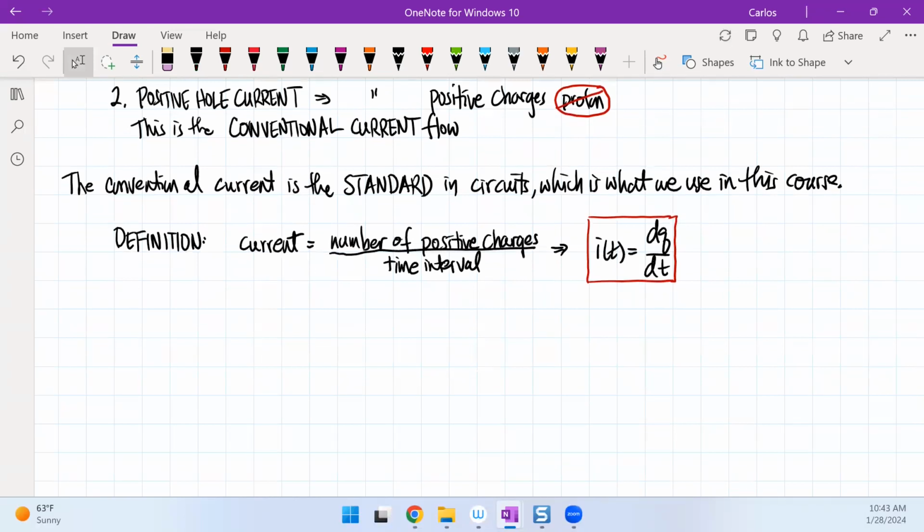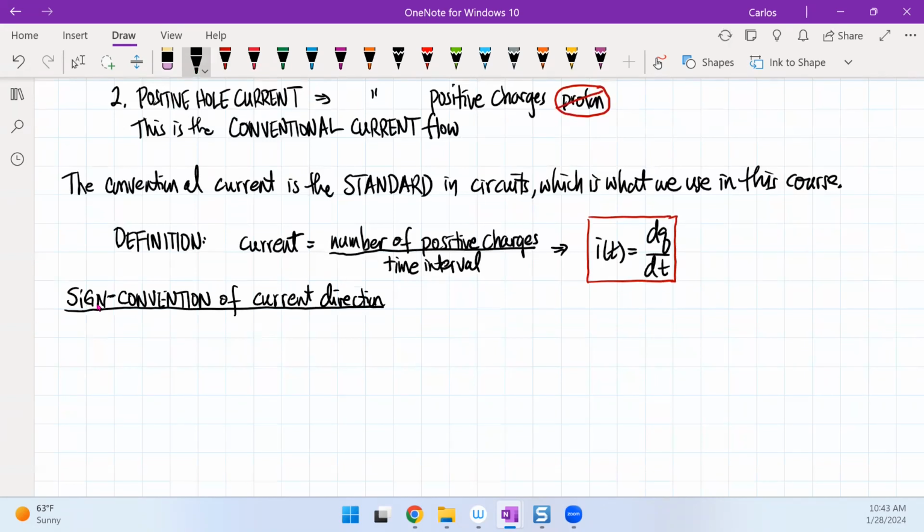Now let's go to the next thing. We want to talk about the sign convention of current direction. Signs can get really tricky, so you got to master the signs.